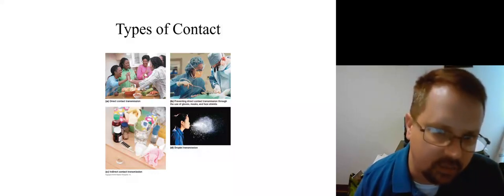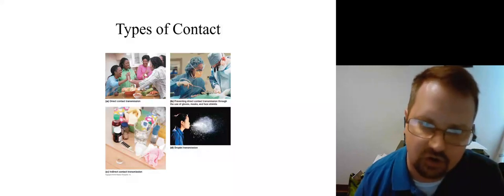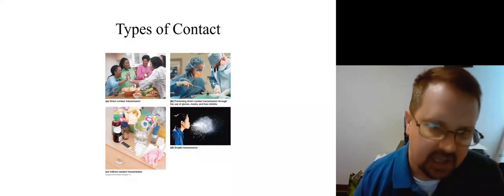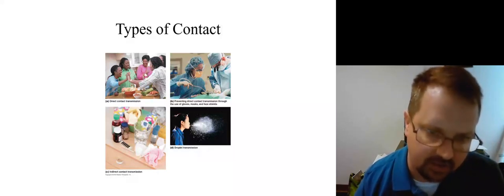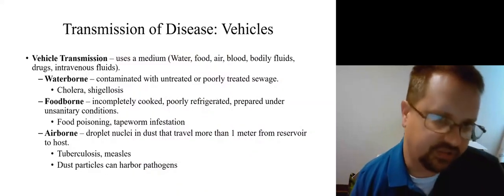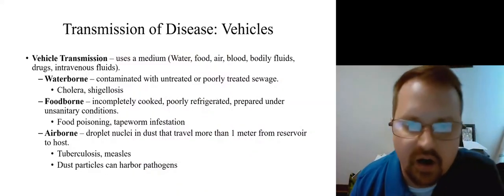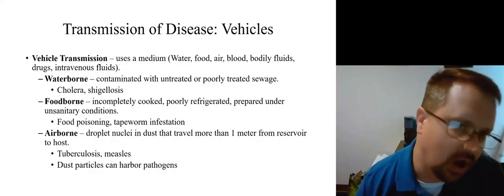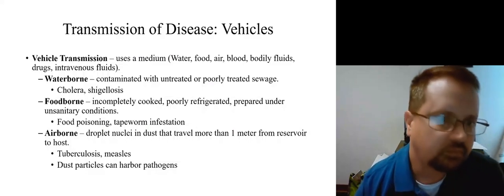Indirect contact transmission is through surfaces, cups, cleaning up somebody's snotty rags. Droplet is when we sneeze. There's vehicle transmission through water, food, air, blood, other body fluids, drugs, and IV fluids.